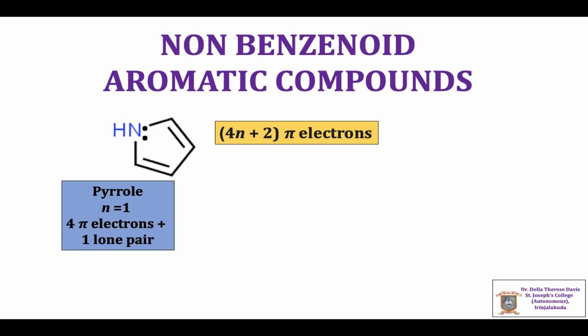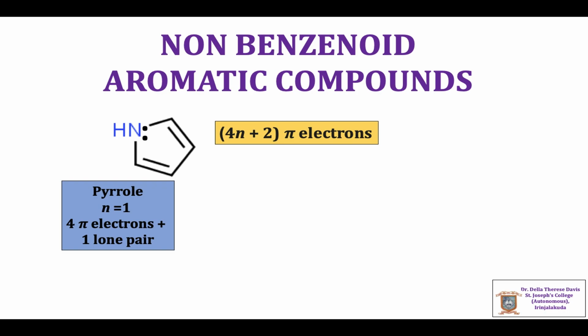In the case of non-benzenoid aromatic compounds, if we consider pyrrole, it has 4 pi electrons, and the lone pair of electrons of nitrogen will also take part in the delocalization. 4 pi electrons from the double bonds and 1 lone pair gives 6 electrons for delocalization, and pyrrole is a monocyclic ring.